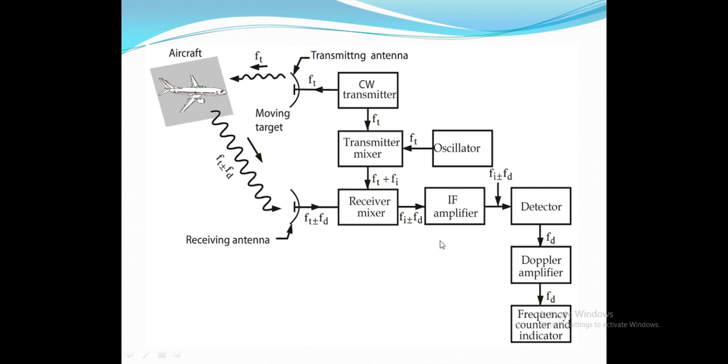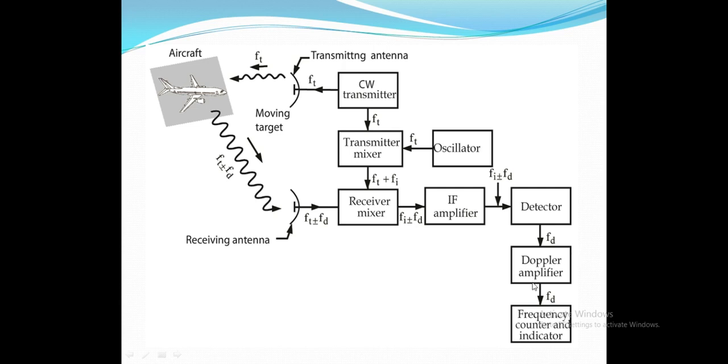The receiver mixer output is amplified by using this IF amplifier. The IF amplifier output is demodulated in the detector to produce the Doppler frequency Fd.